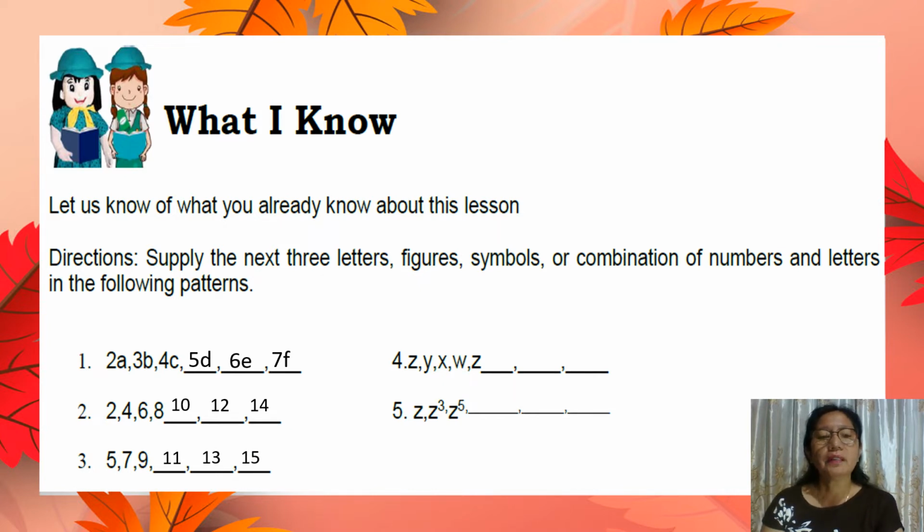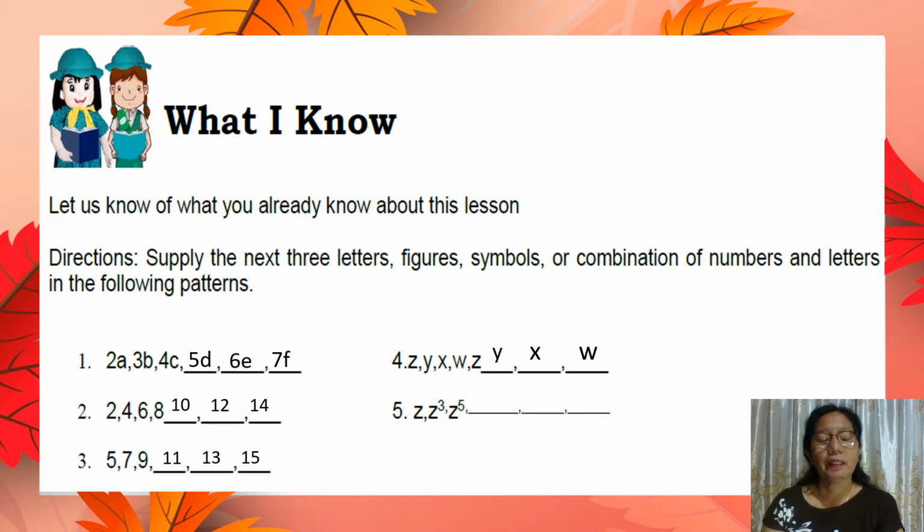Number 4, letters are Z, Y, X, W. Therefore, the same: W, X, Y, Z. Number 5, Z without an exponent, that means 1.